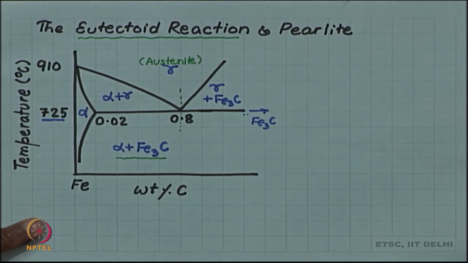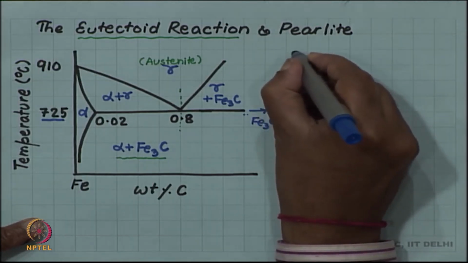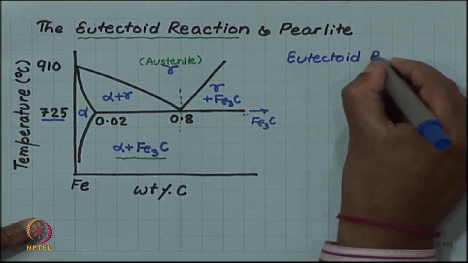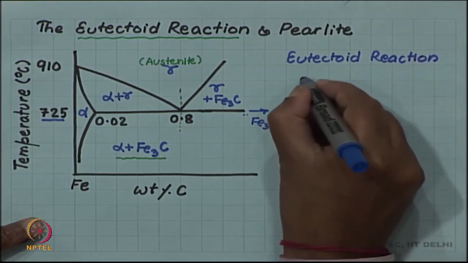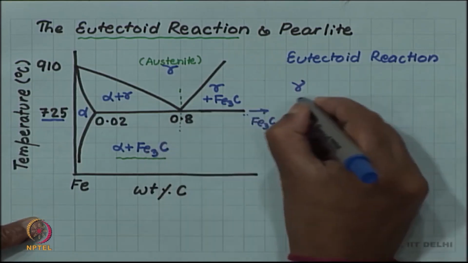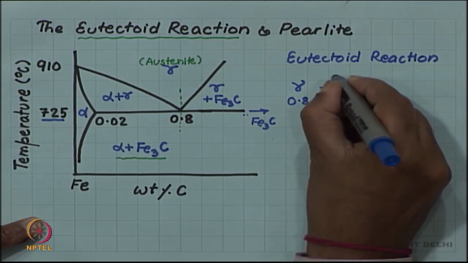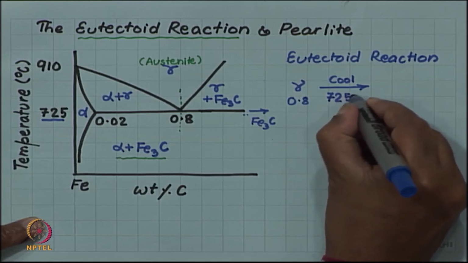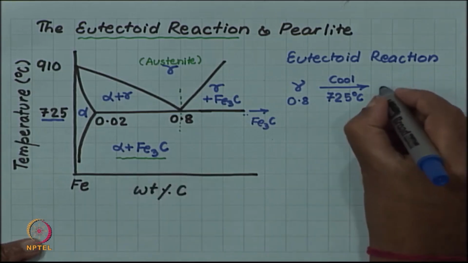So, let us write down that reaction. Eutectoid reaction means gamma, that is the austenite of 0.8% carbon, upon cooling at 725 degrees Celsius will transform into a mixture of two phases.